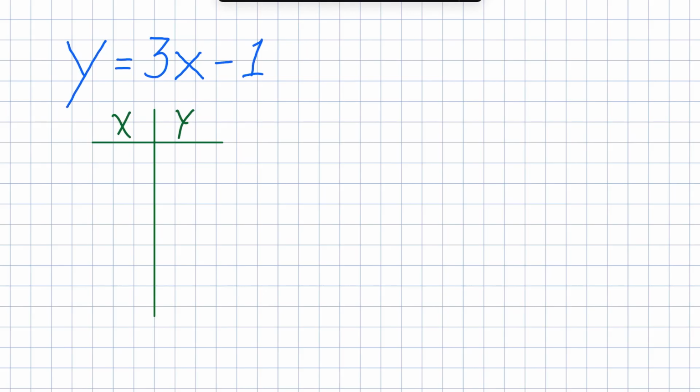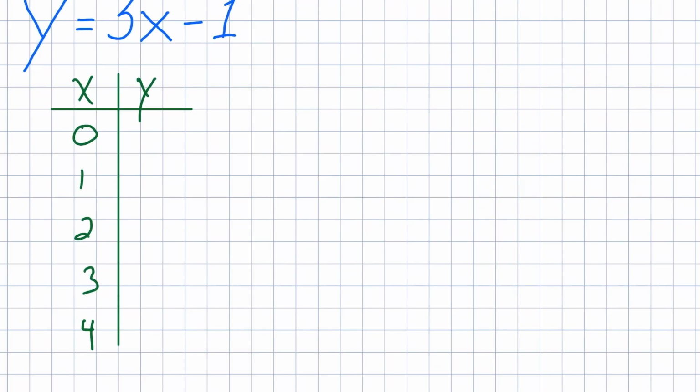All right, so here's what I'm going to do. I'm going to make up a bunch of x values. I'm just going to pick some out of the air. Now, I usually pick 0, 1, 2, 3, and sometimes 4. Those are easy to work with numbers. So when I do that, I'm going to write them down here. 0, 1, 2, 3, and 4. Now I'm going to plug those values into the equation, do some math, and see what y would be equal to.